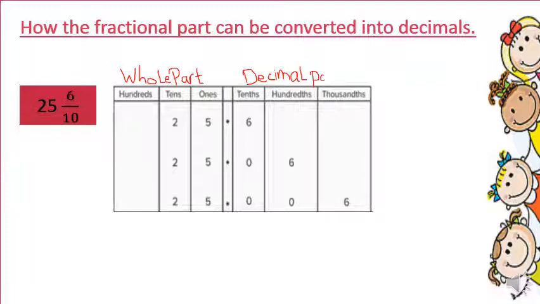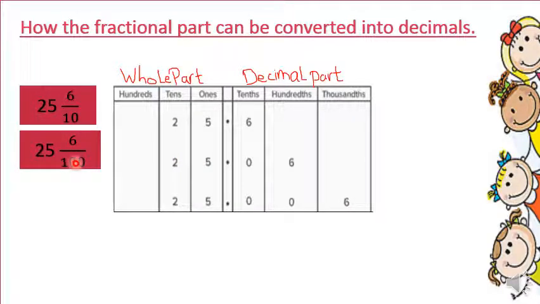Okay? So, the first number is 25 and 6/10. So put the 25 in the whole part. Put point. This is 6/10. So we put 6 in the tenth place. The second one, it's 25 and 6/100. So we put the 25 in the whole part.